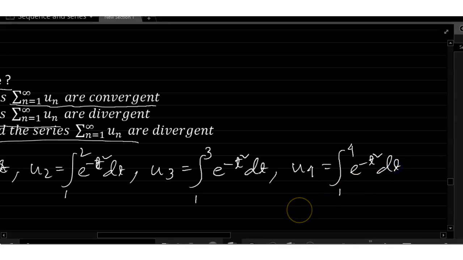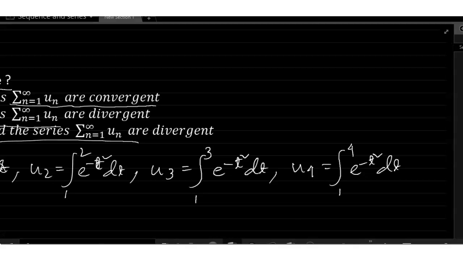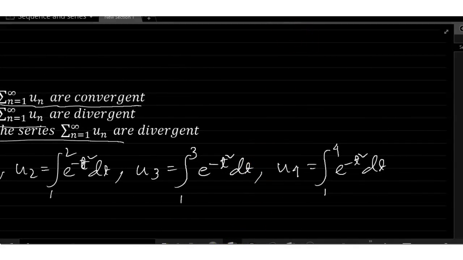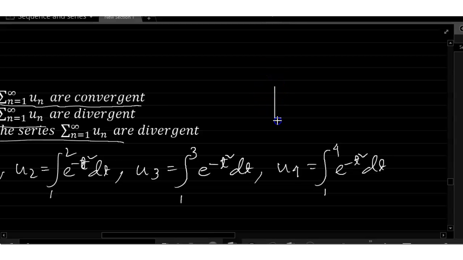So we plot a graph. My graph is this way. This is the 1 and this is this portion. This is t.